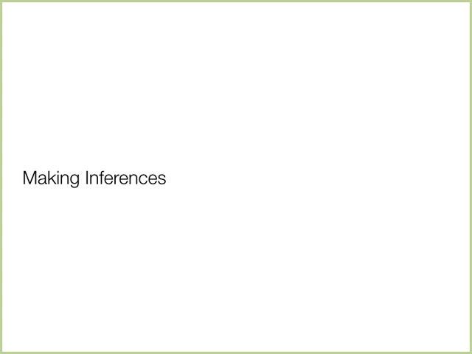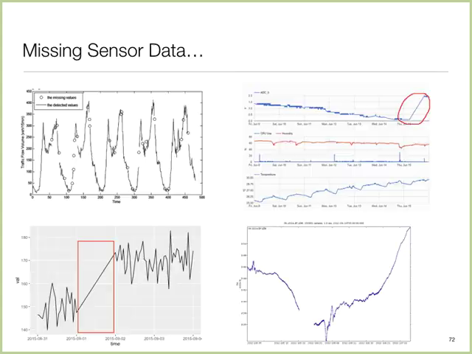I train on the data and use that to predict. Likewise, for missing data there is a relatively recent body of literature called sensor data imputation, which is about filling in the missing data.